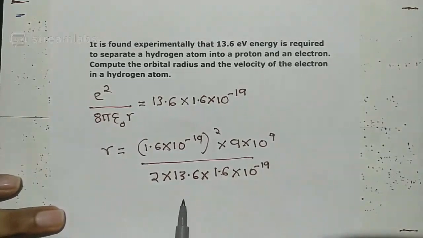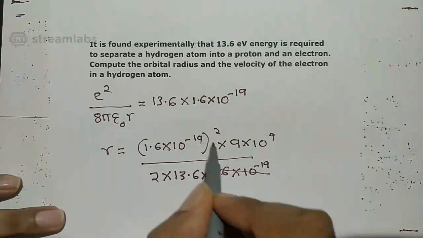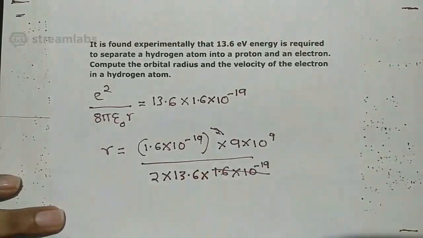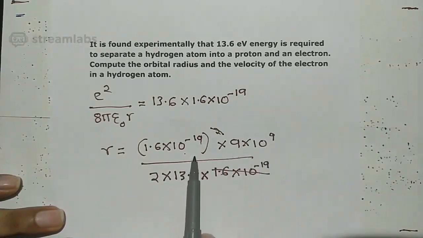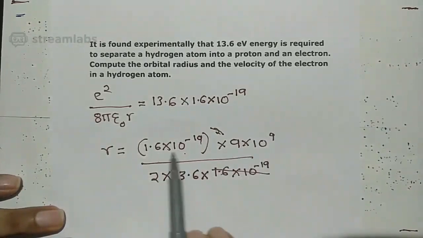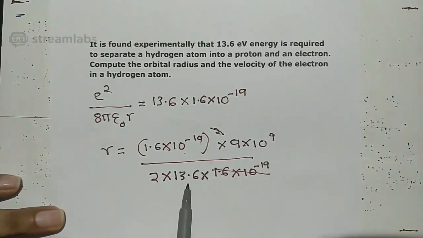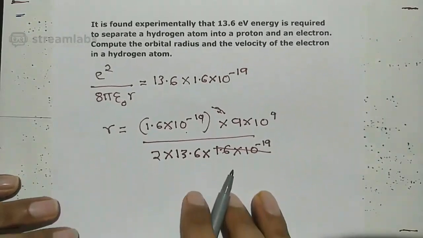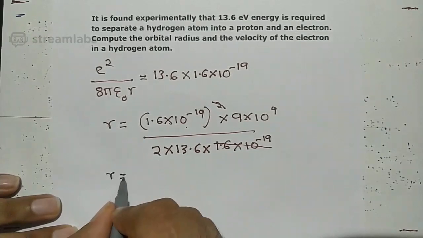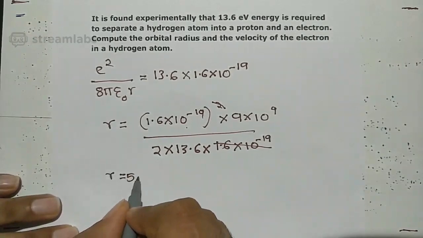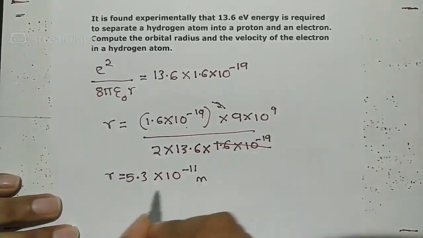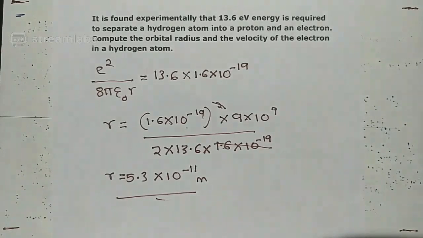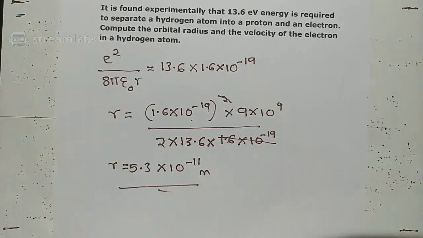So this will give you the radius value. Here 1.6 into 10 to the power minus 19 will cancel, so this is 10 to the power minus 9 plus 9, that is 10 to the power 10 over... then 1.6 into 9 by 2 into 13.6. When you do that, you will get the radius of the orbit as 5.3 into 10 to the power minus 11 meter. So that is the radius of the electron orbit. That is the first question they have asked.